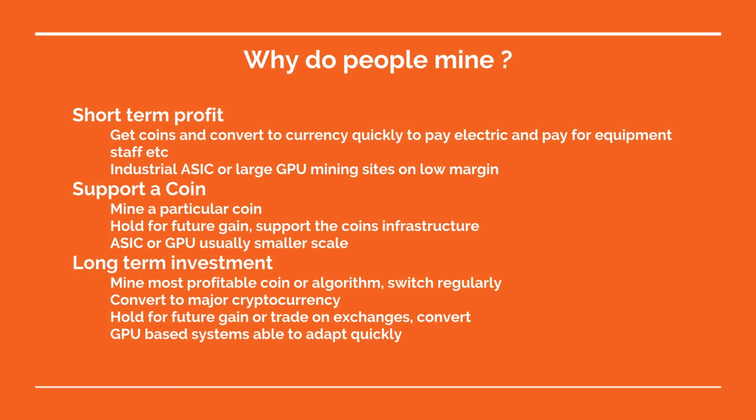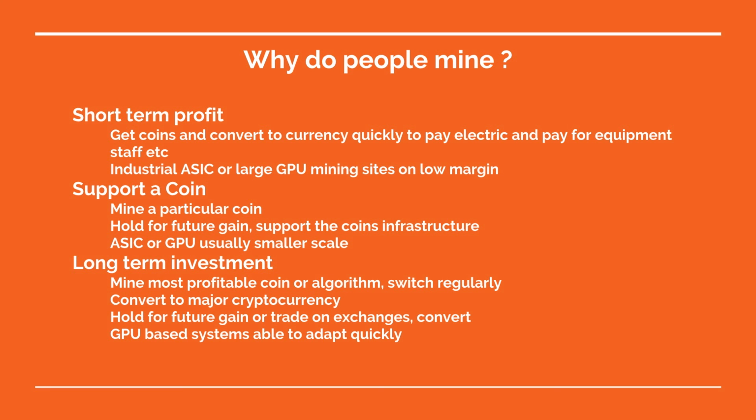The other type is supporting a coin. So a group might say they like a particular coin and they want to support it because they just want that one coin and they're holding it because they think that coin will be much better in the future and gain in value, so they just want to get as much of that coin as they can. They also may be just supporting the coin's infrastructure by providing miners to secure that coin.